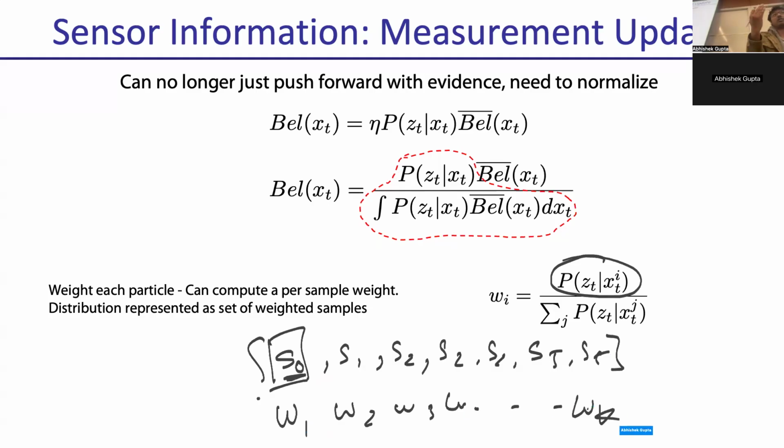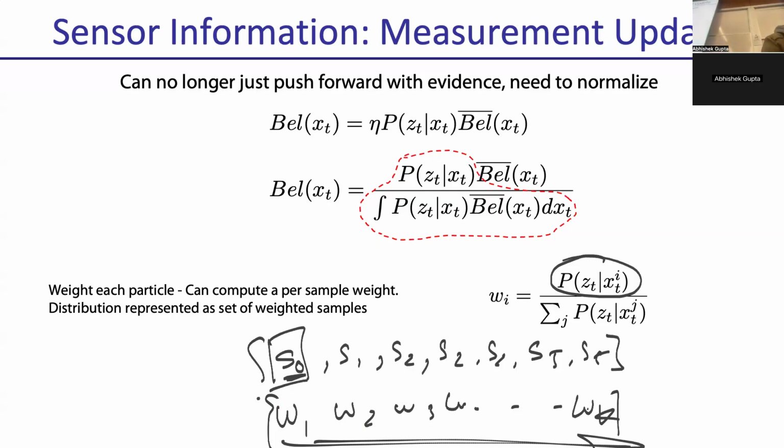And then I normalize. I just want the weights to sum up to 1, so I'm going to renormalize. When you renormalize, it gives you a set of weights that will always sum up to 1, and the things that are more likely will have more weight.